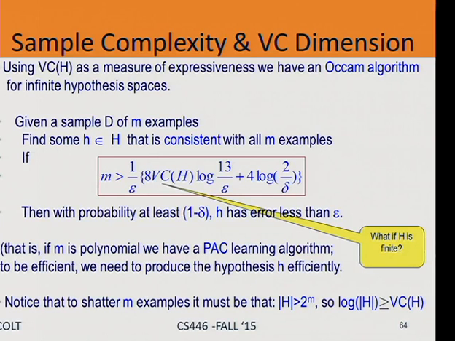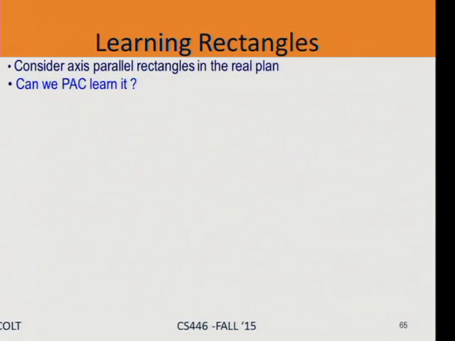That is, if I take the log of the size of H, which is the complexity parameter we had before, it is at least the VC dimension of H. So this gives you the relation between these two, and it's a relation that makes sense at least. Before we had log of size of H, now we have VC of H. Okay, so we have a theory, and now we can go back to our rectangles.